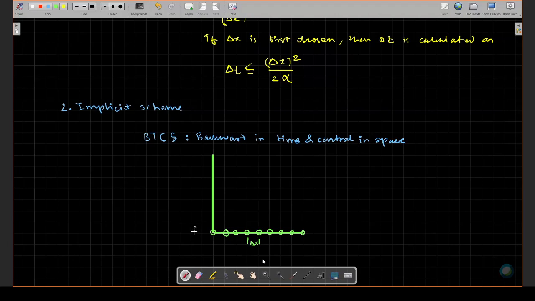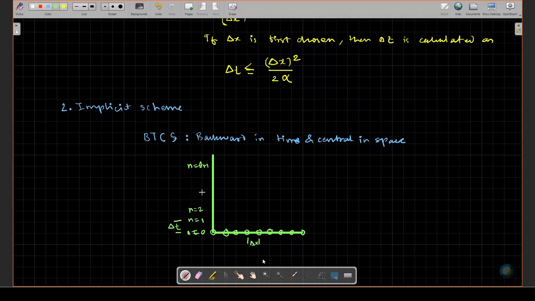This is n equals 0, this is n equals 1, n equals 2, like that. The difference between them is delta t, up to some n plus 1.